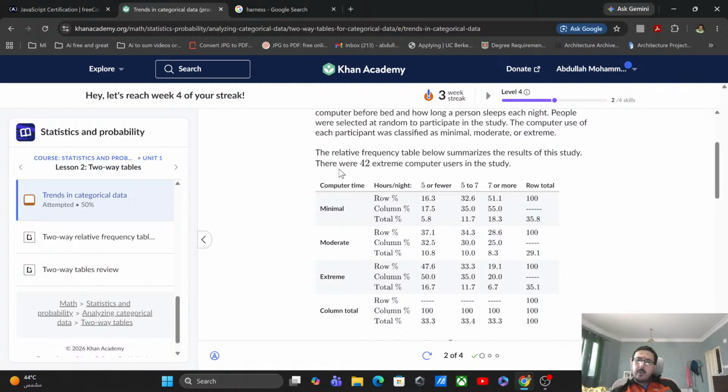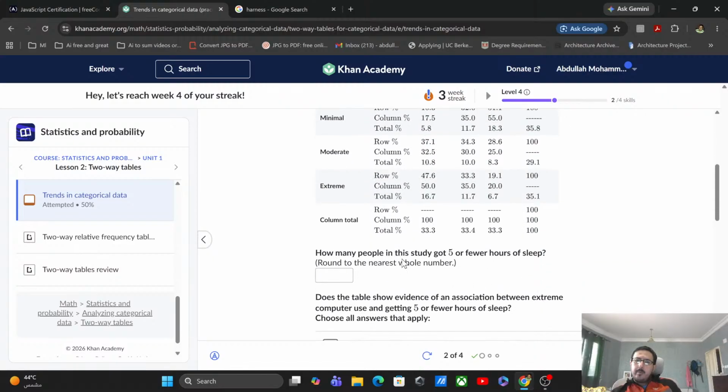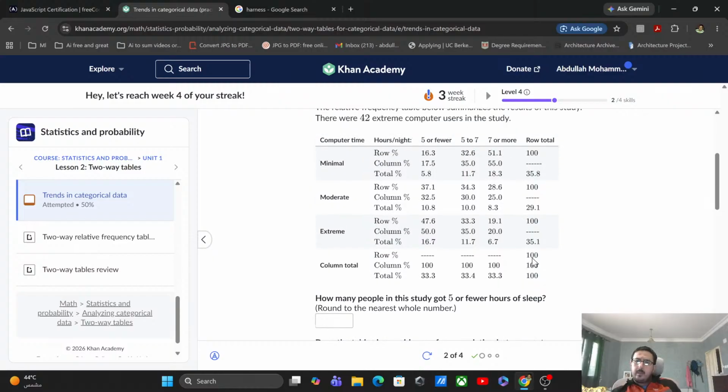Summarize the result. There were 42 extreme computer users in the study, which is 35.1. How many people in this study got 5 or fewer hours of sleep? So here, 33.3.